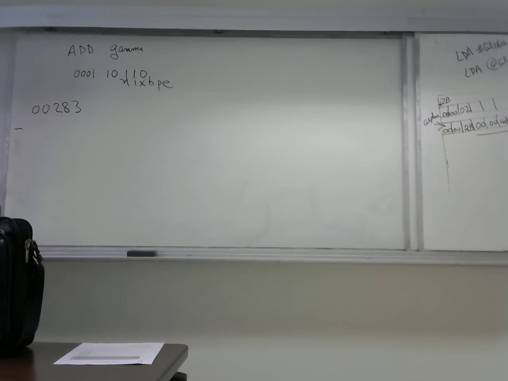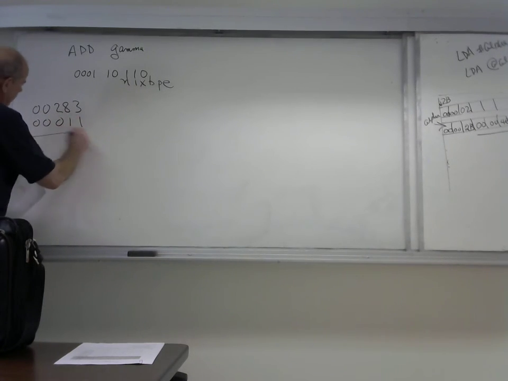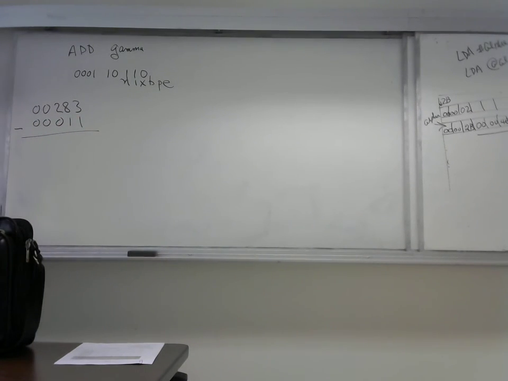What's the address of line 11? It's E, right? Plus 3, that's 14, plus 3 is 17. Note that that's not 11. That's 16 plus 1. You with me? Who's confused?